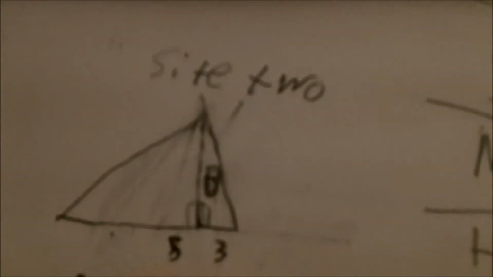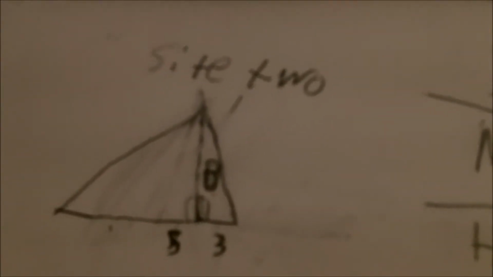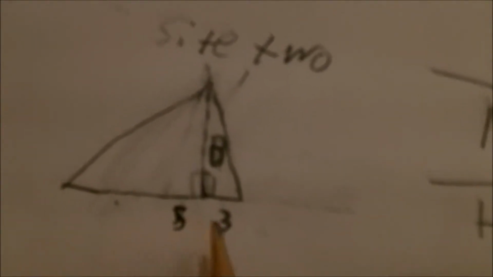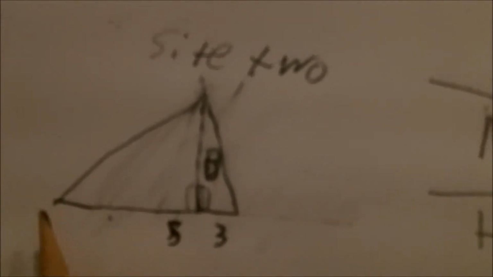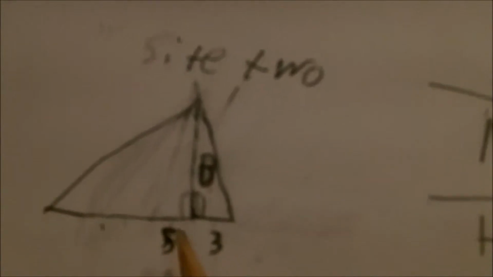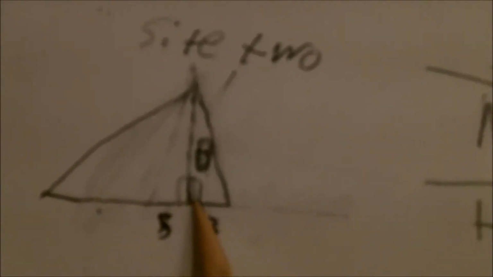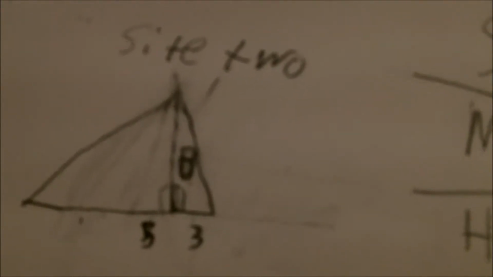So here we are at the drawing for site 2, and we have a point in between the two trees. At that point, the distance to the tree on the right is 3, and the distance to the left tree is 5.